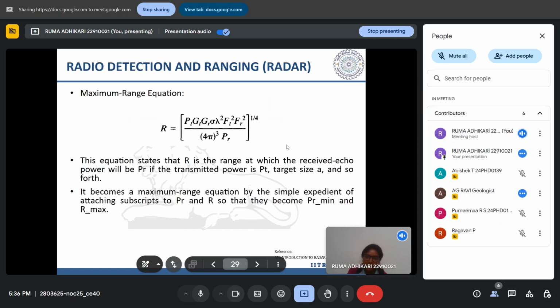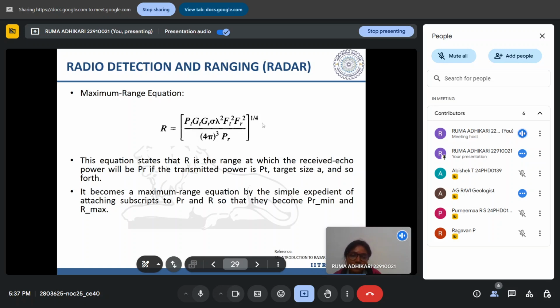As we were seeing, to maximize the range, the range runs with the 1/4 power of all these. Some are constant and some we can change.